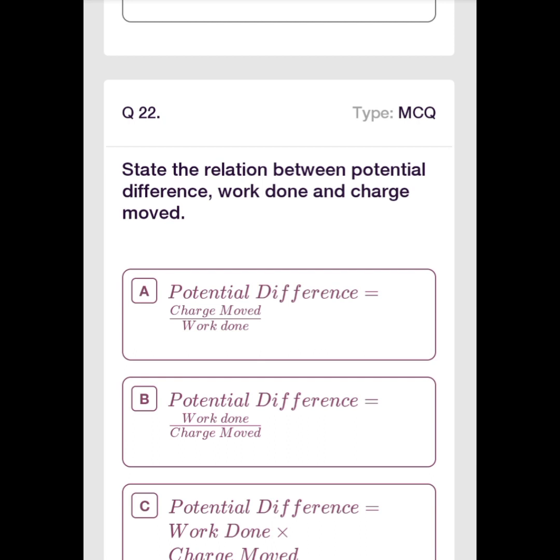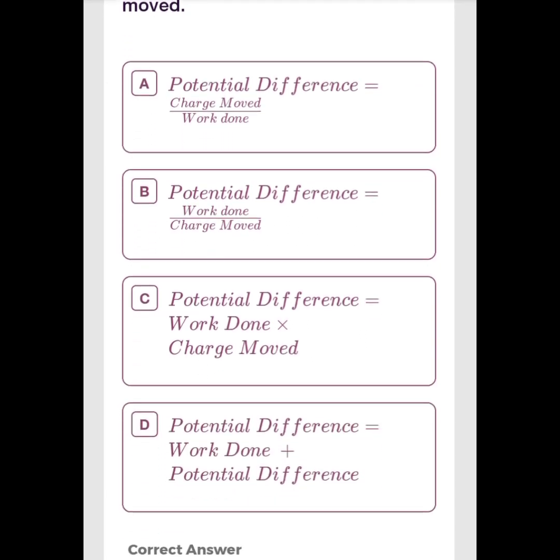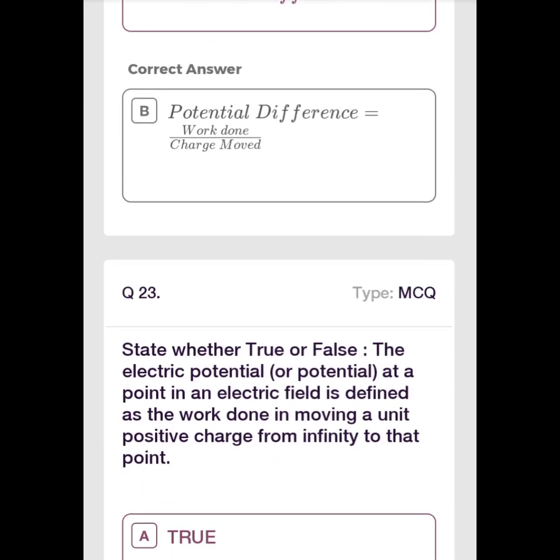Option B is potential difference equal to work done by charge. Option C is potential difference equal to work done into charge. Option D is potential difference equal to work done plus potential difference. Wrong. So option B is the correct answer, because potential difference is equal to work done per unit charge.